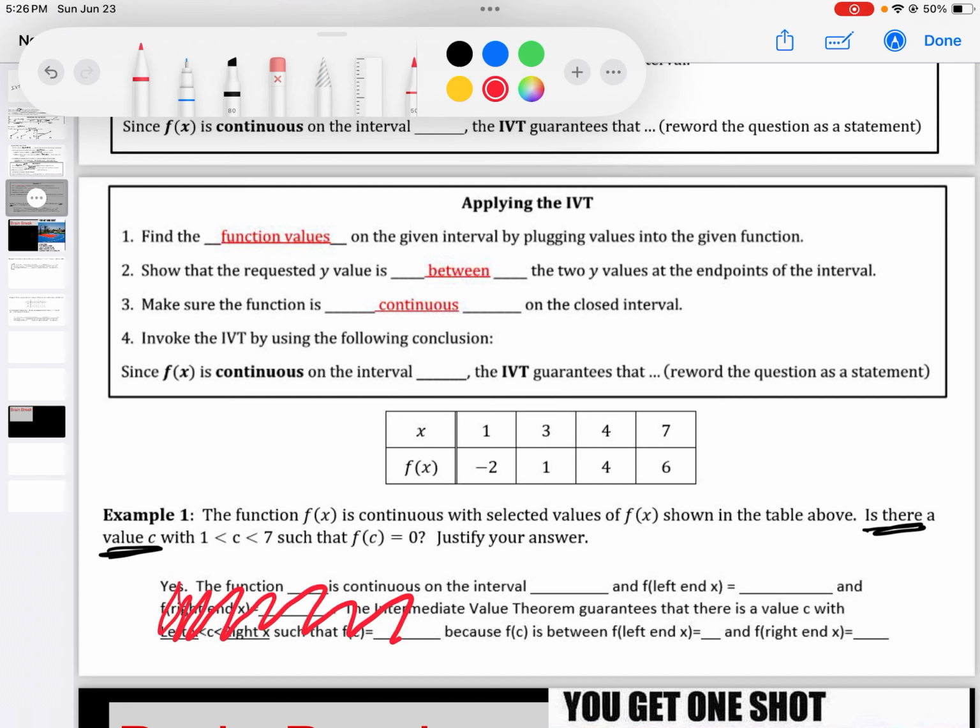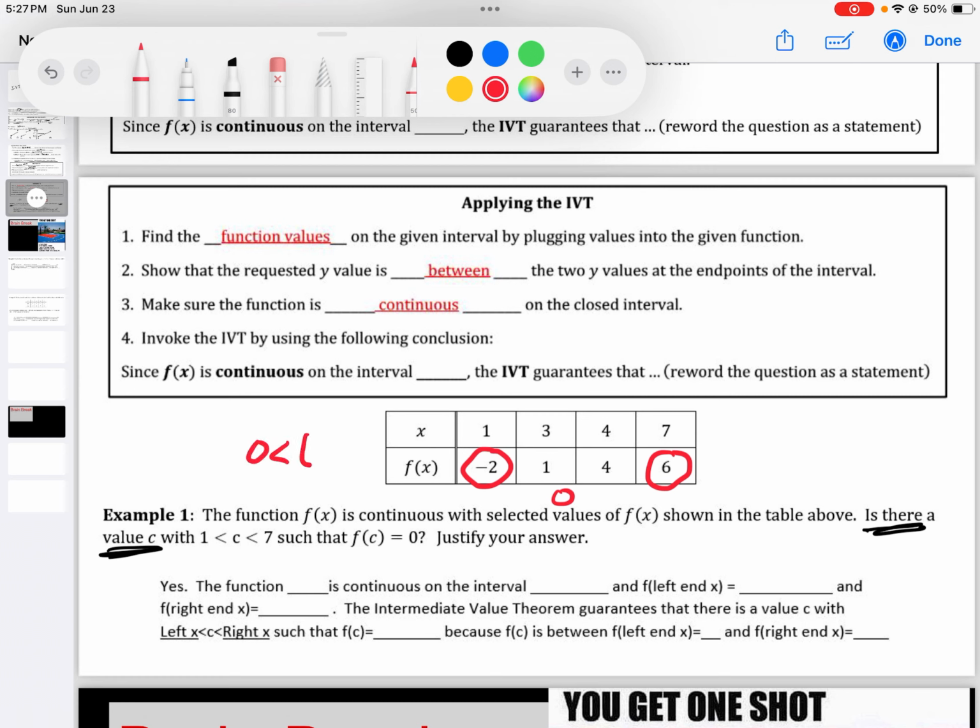All right, so what do we need to do? I wish I wouldn't have written this at all, but it's there, so I guess we have to use it. The first thing we need to recognize is that the y values at the endpoints are between -2 and 6. So is there a value c? Is there an x number where the y value has to be 0?